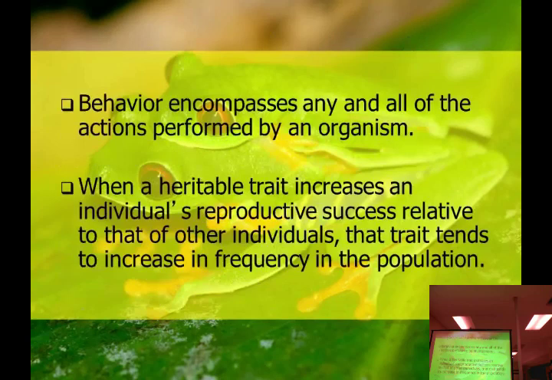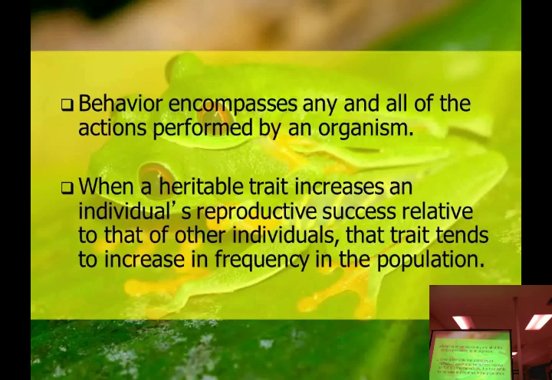So behavior encompasses any and all of the actions performed by an organism. So these are things that are heritable, so passed along from parent to offspring. So when a trait that's passed along from parent to offspring increases an individual's reproductive success relative to that of other individuals, that trait tends to increase in frequency within the population.